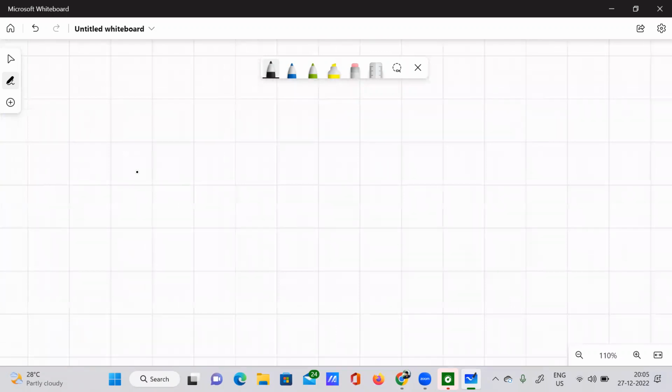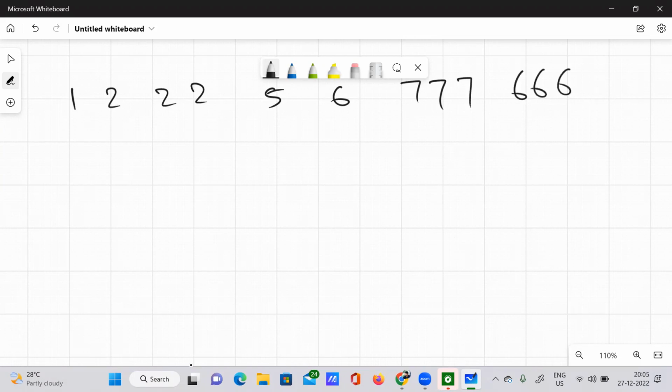modes in single data. Maybe for example, you may find this kind of data like 1, 2, 2, 2, 5, 6, 7, 7, 7, 6, 6, 6, right? See, what is the mode for this particular data?